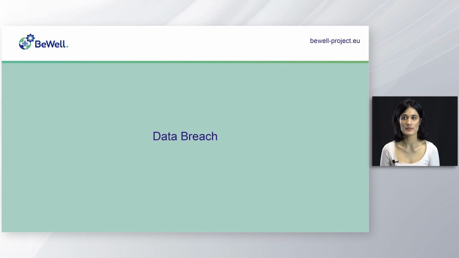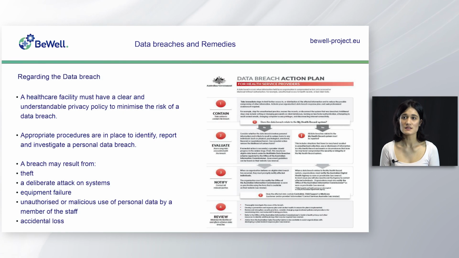Data breaches and remedies. Regarding the data breach, it is important for the healthcare facility to have a clear and understandable privacy policy to minimize the risk of a data breach. The facility should make sure that it has the appropriate procedures in place to identify, report, and investigate a personal data breach.